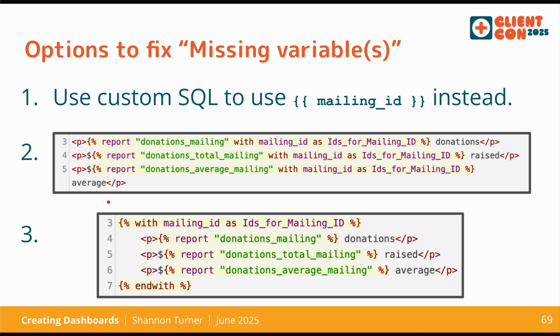Now, a third option, we can use the with tag to wrap the report tags around. And then we don't need to include with mailing ID as IDs for mailing ID in each of my report tags because we do it up here. Now, if you took the personalizing mailing content training, then of course you know how to use the with tag.